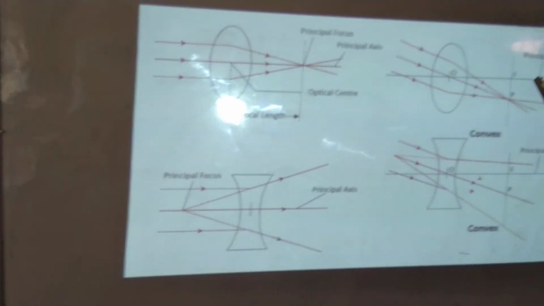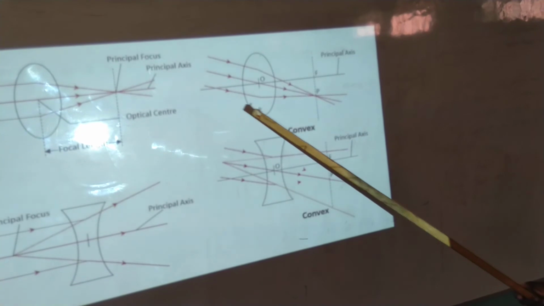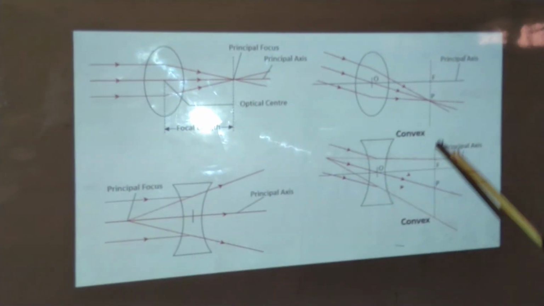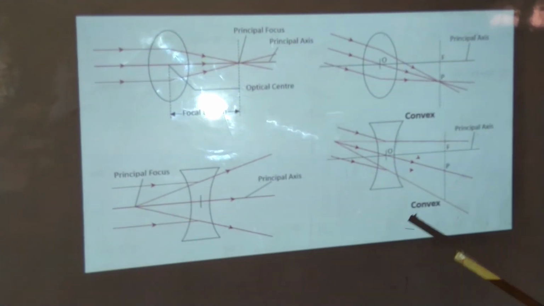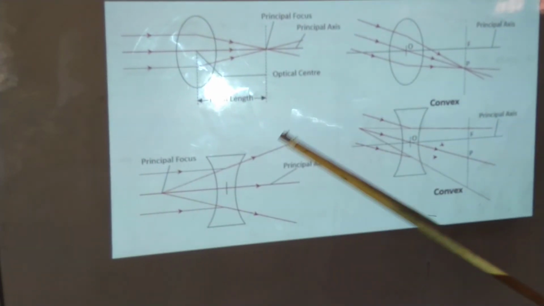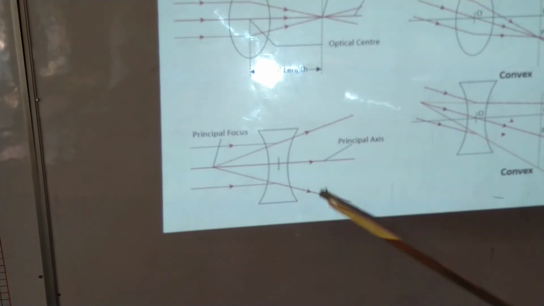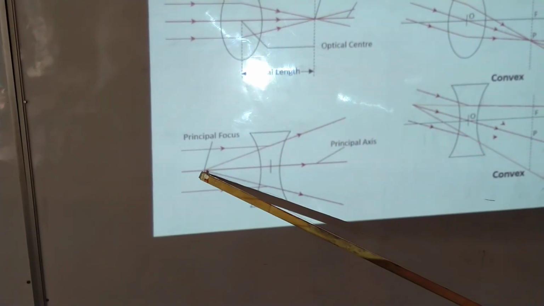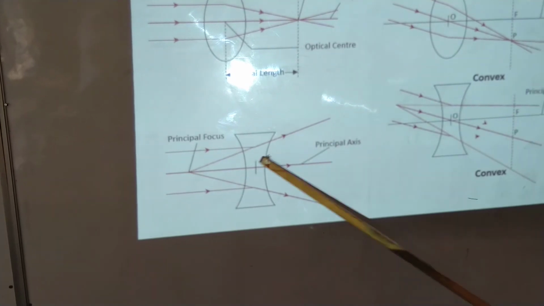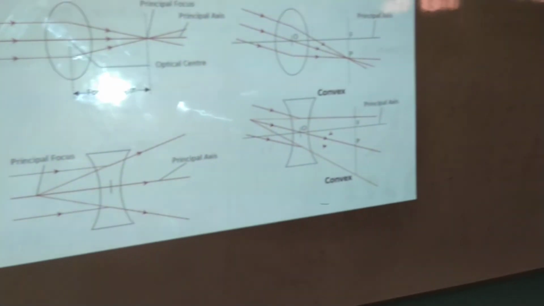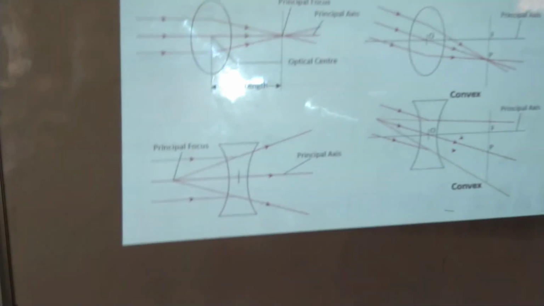We have the principal axis. That is the straight line passing through the optical center of the lens. That is how it looks. But we have the principal focus of a concave lens as indicated by the diagram. As you can see, the red rays show the rays as they are being diverged from the principal focus.